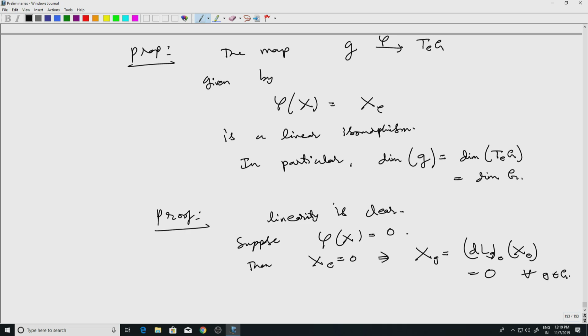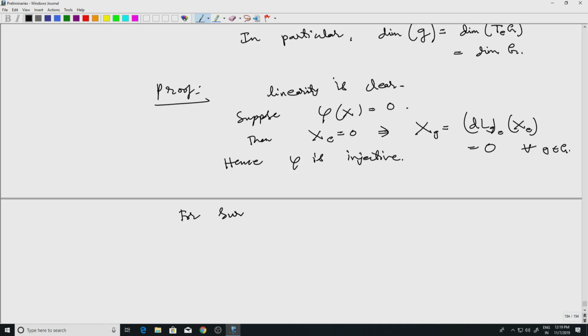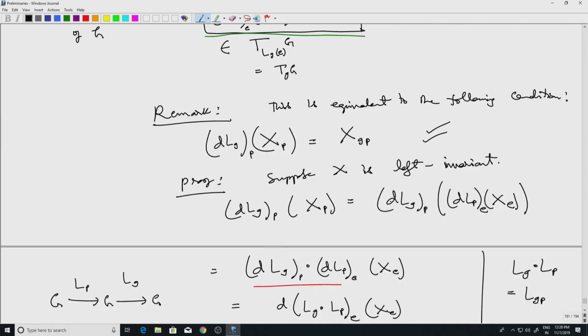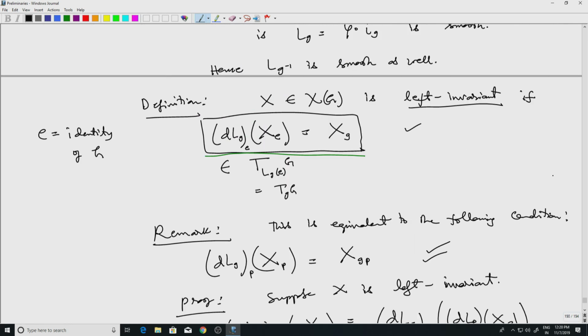Hence phi is injective. Now for surjectivity, let V be an arbitrary element of TeG. I would like to realize V as the value of a left invariant vector field at identity. So I do the expected obvious thing, which is to go back to the definition of a left invariant vector field.